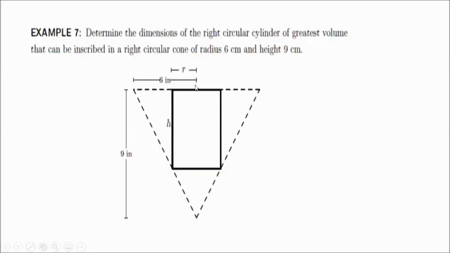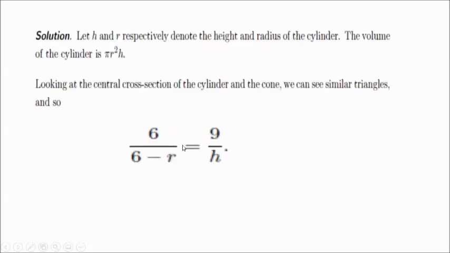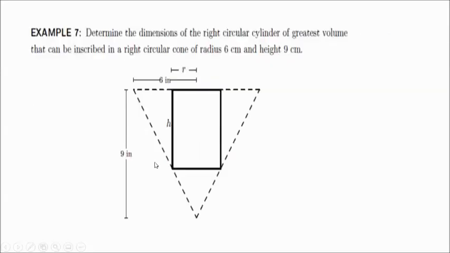So if 6 here, class, it is proportional to this one, which is 6 minus r. We can get this side, right, class, of the triangle. This is the small triangle, class, and then the larger triangle.